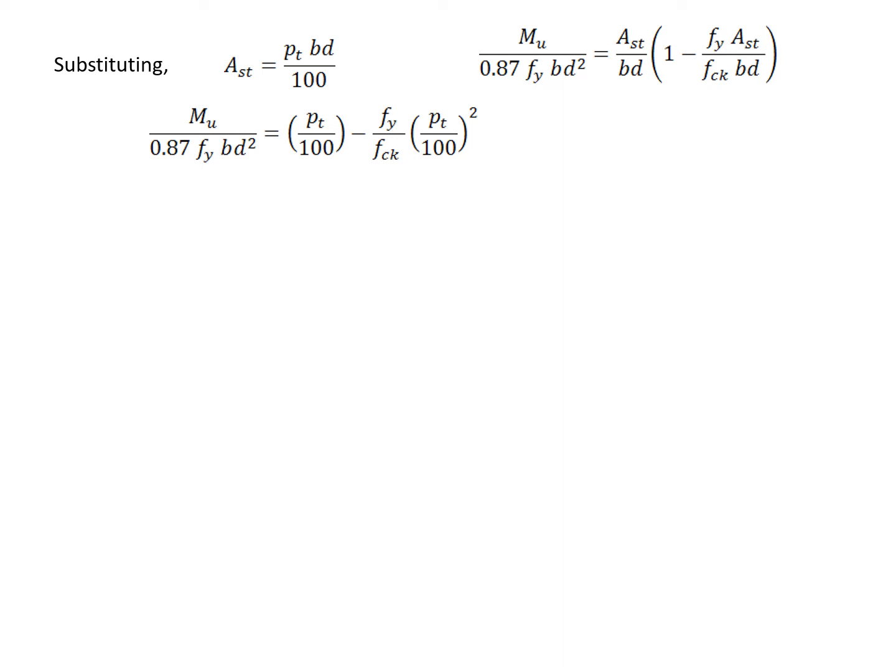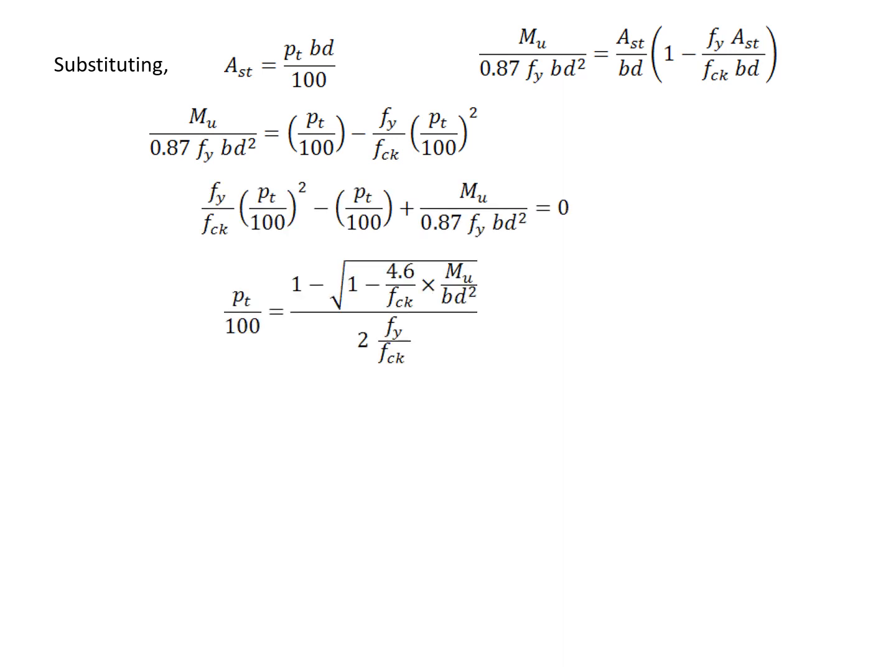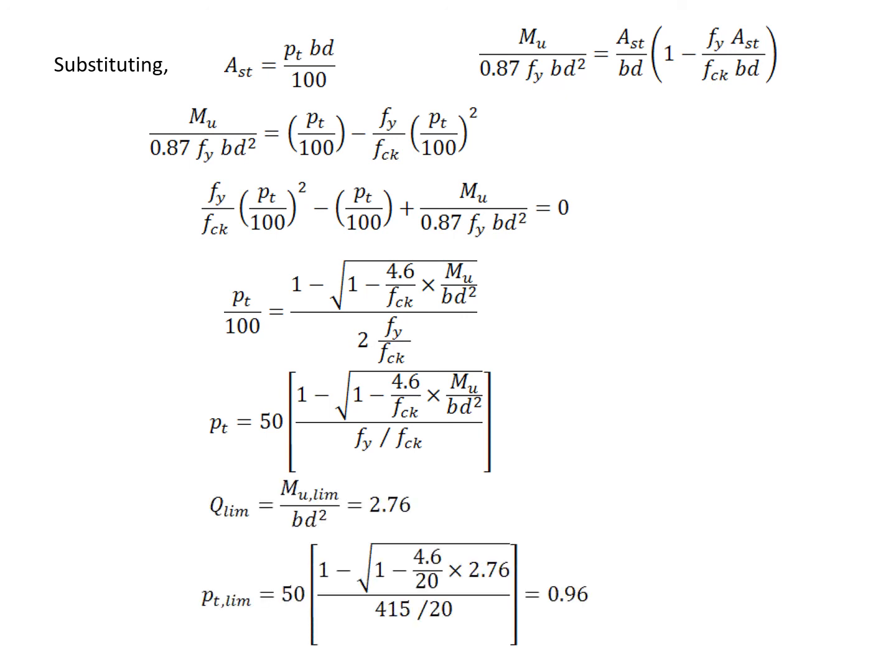We have written the expression in terms of pt for a good reason, that we wanted it to be quadratic. Then finally we get pt as this, a formula to be remembered. If you do it more accurately, instead of 1 it can be 1.005 also, but you usually use 1. This formula is to be remembered, and see how we use it.